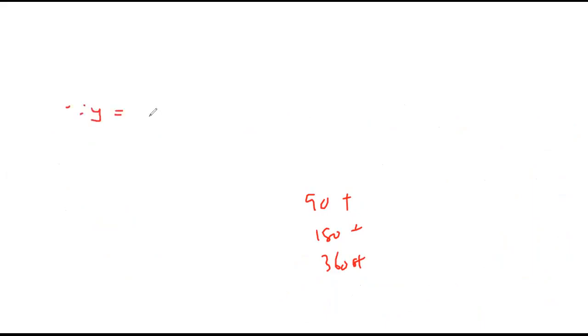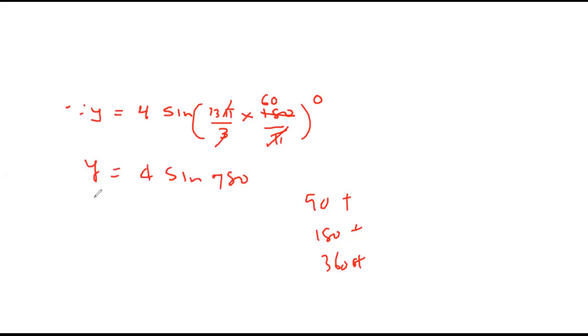Y equals to, what was first coefficient? 4. Sine of 13 pi upon 3. Multiply with 180 upon pi, it will become degree. Pi cancel. 3 into 6, 18. So it becomes 4 sine 780. 780 you can write as 2 into 360, which is 720 plus 60.